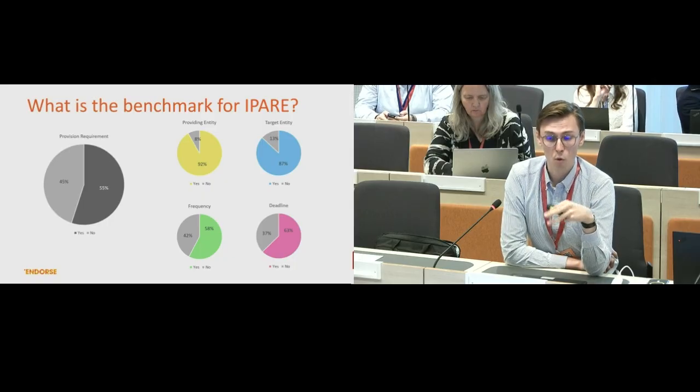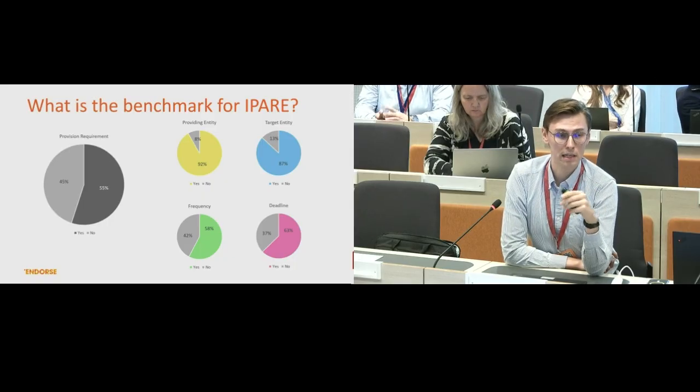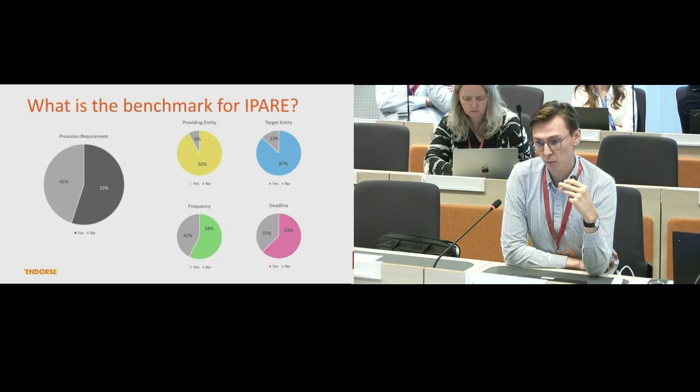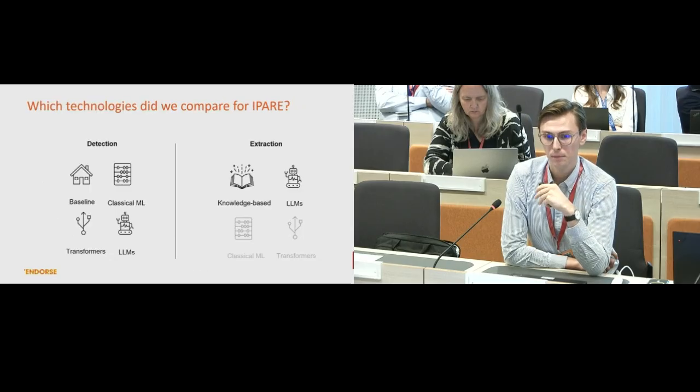Within those, over 90% include a providing entity, nearly 90% include a target entity, then just short of 60% include an expression of frequency, and slightly more than 60% include an expression of deadline.